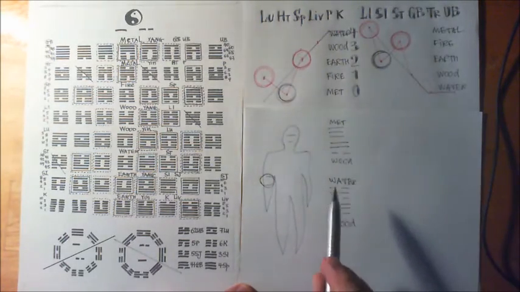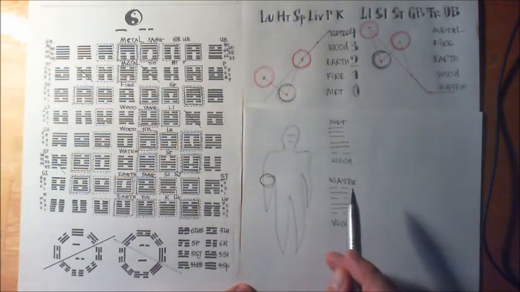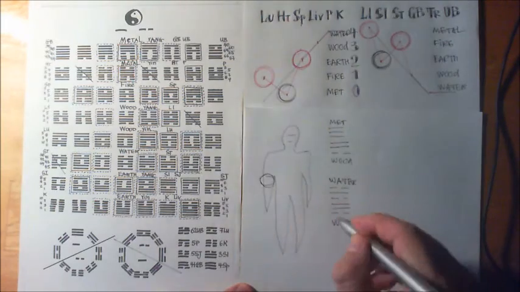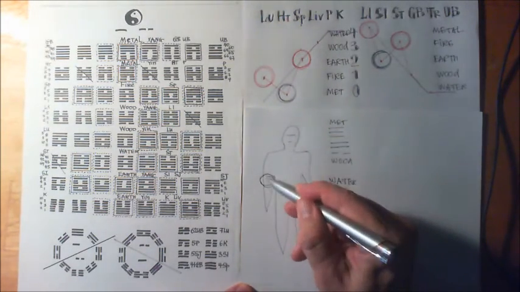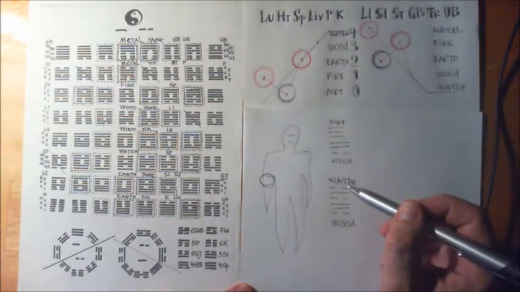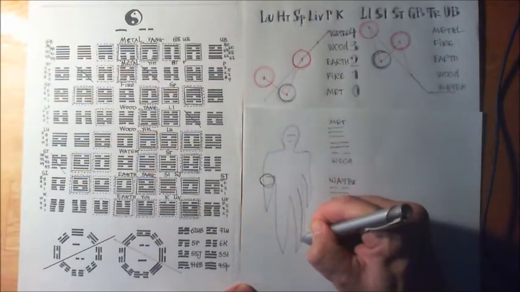So according to these hexagrams, this is a very beneficial treatment. So instead of using the lung meridian, we will use the meridian of the stomach.